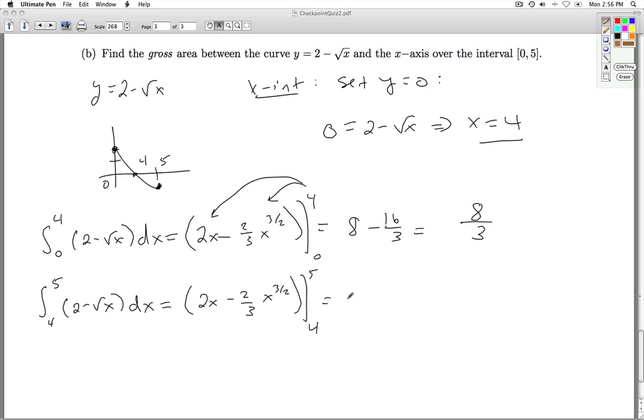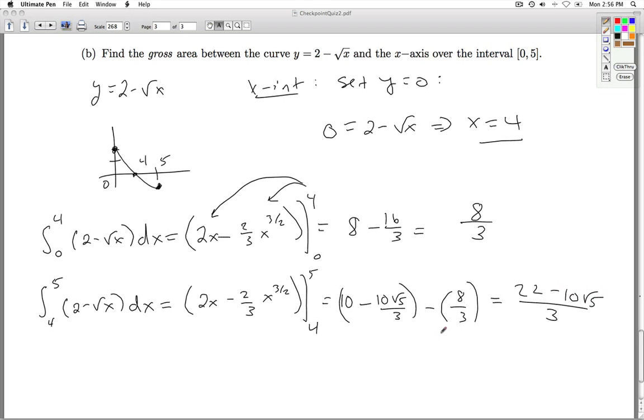When I plug in 5, I get 10 minus 10 radical 5 over 3. When I plug in the 4, I get 8 thirds. So if I get a common denominator of 3 here, what do I get? 30 thirds minus 8 thirds is 22 thirds minus 10 radical 5.